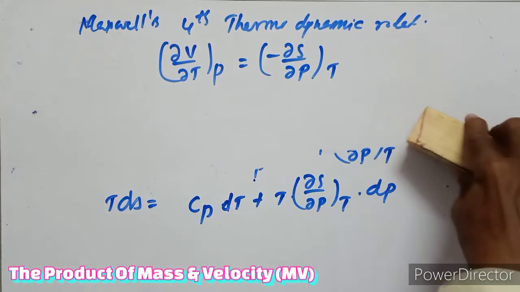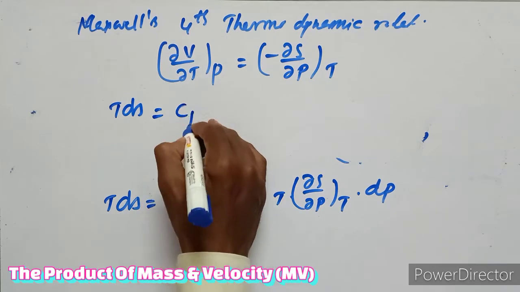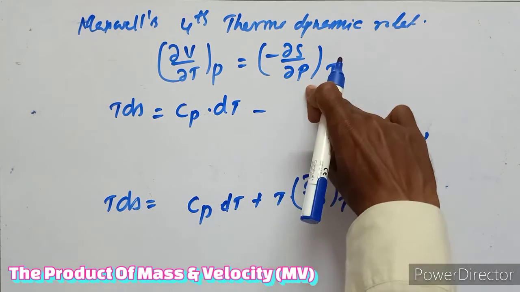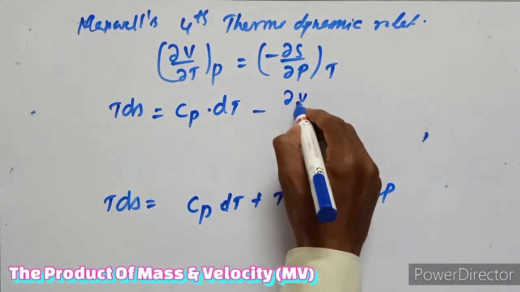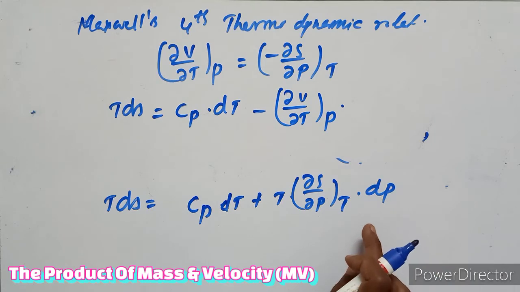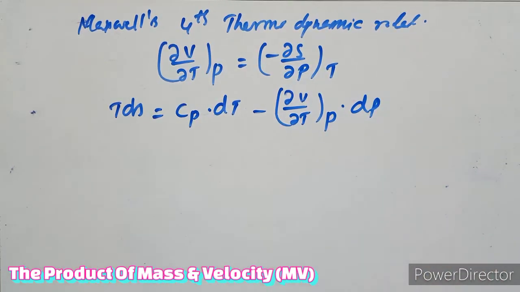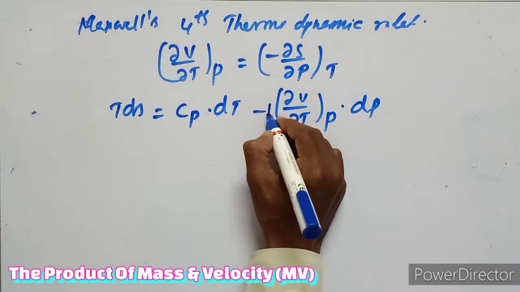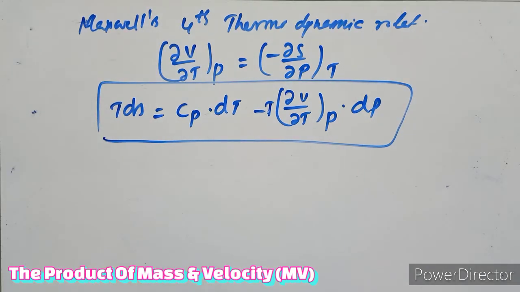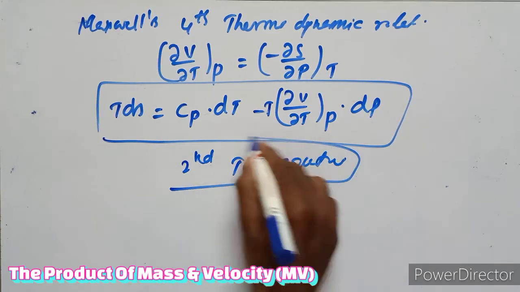So this equation can be written as Tds equals Cp into dt minus T into dou v upon dou t at p into dp. This is the second Tds equation.